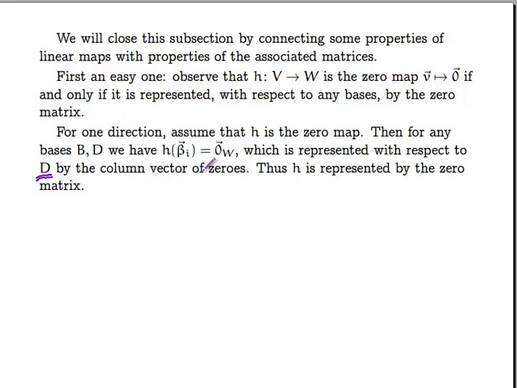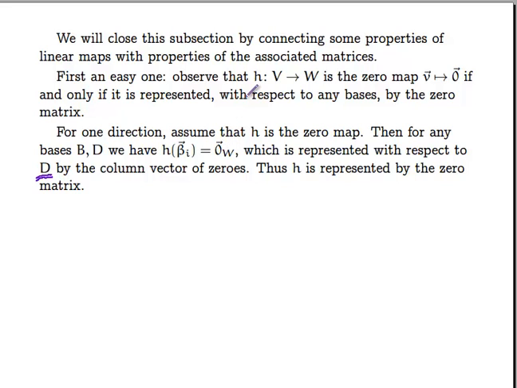Now remember, to get the matrix that represents the mapping, we take the representation of H of each basis vector in the codomain basis. But since the codomain vectors are always zeros, the entire matrix is going to be a zero matrix.